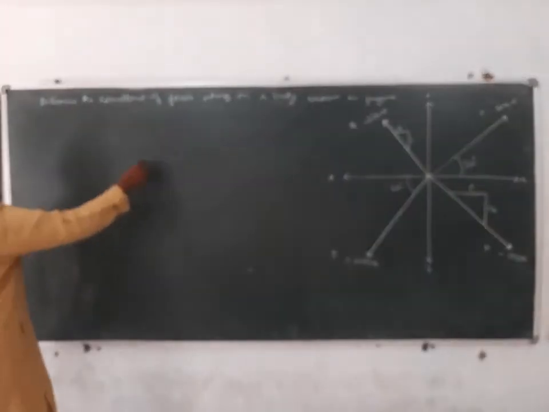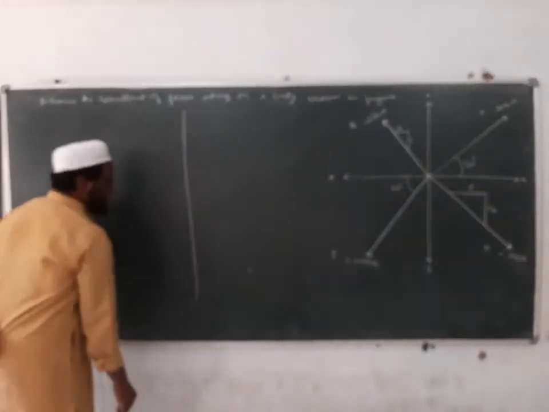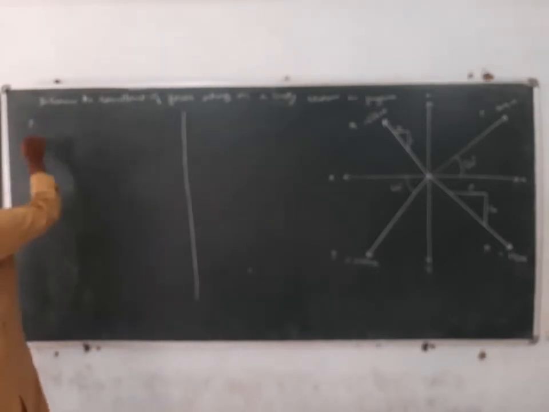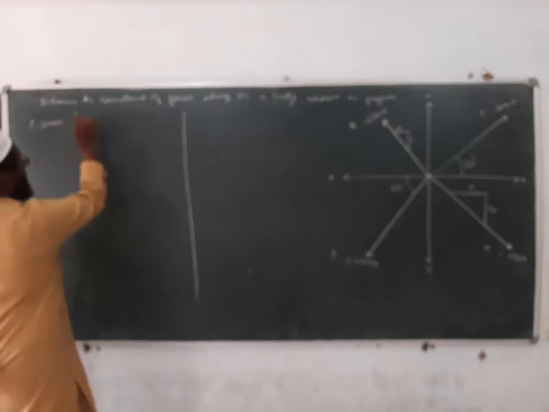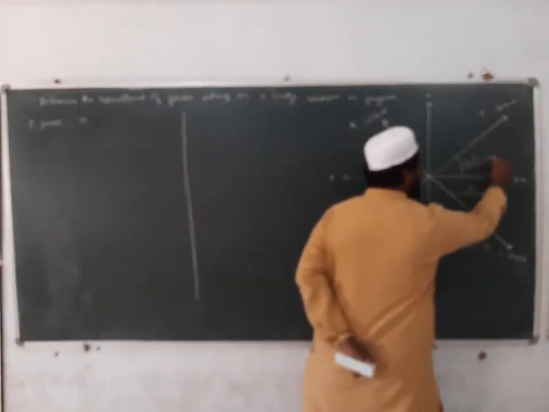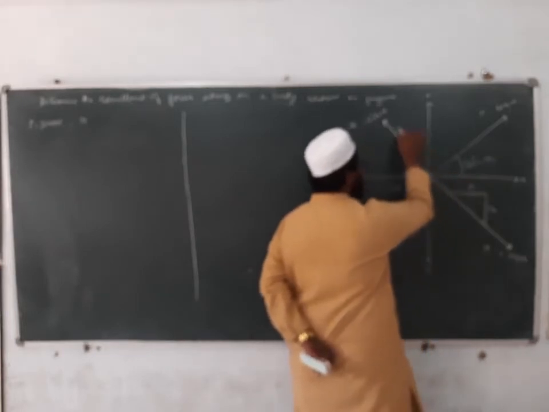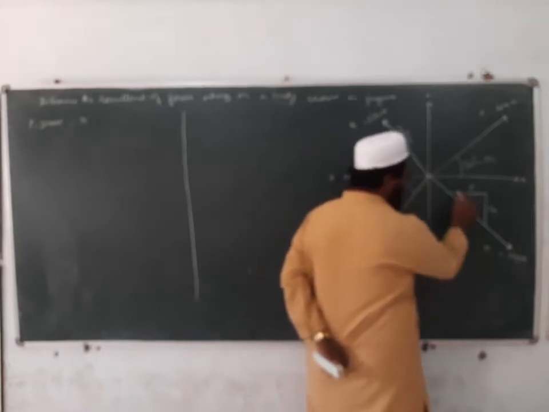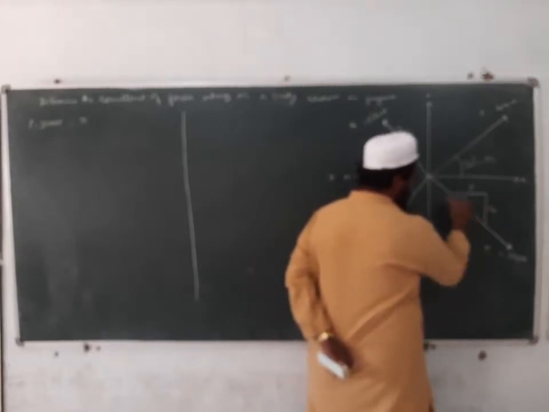So what is the first force we have? We have P is equal to how much? 300 newtons, and let this be theta 1, this angle be theta 2, this angle be theta 3, and this angle be theta 4.